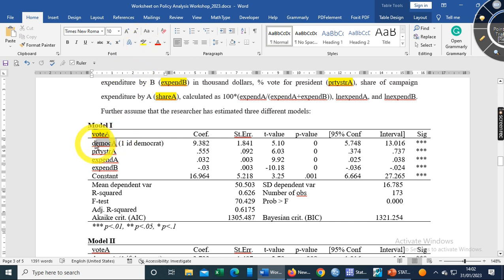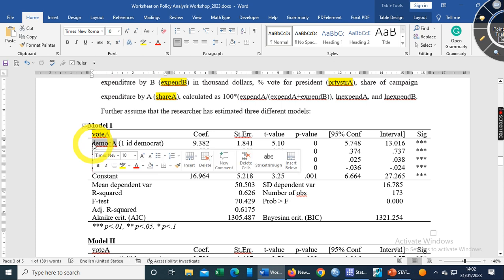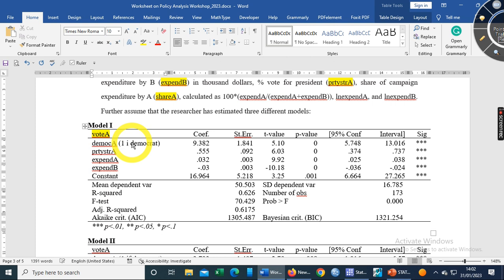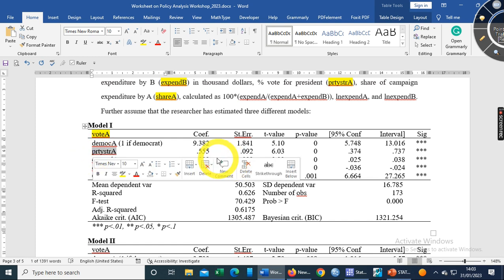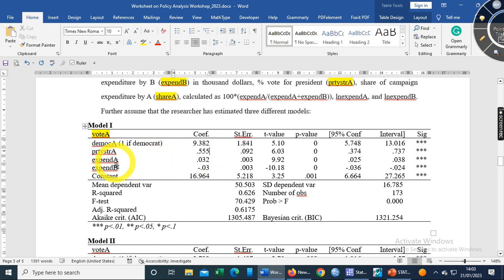Democ A ማለት nature of the party, whether it is democratic or not. እዚህ ጋር the reference group is non-democrat. one if democrat ይላል። ስለዚህ ይሄ ኮኤፊሽንት የዴሞክራቱ ነው ማለት ነው። እዚህ ጋር ደግሞ percent of vote for president ይላል። expenditure by A, expenditure by B.